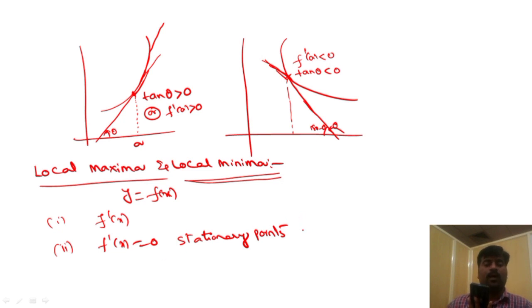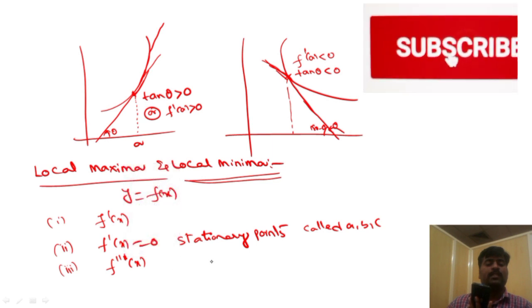Suppose the stationary points are a, b, c. At these stationary points, I would like to verify f double dash of x.